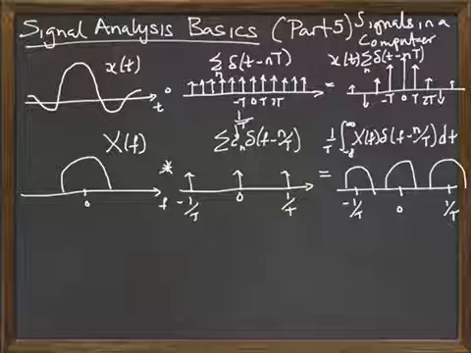Delta, an impulse train in time, would become an impulse train in frequency that has a frequency period of 1 over NT. There we go, 1 over NT, and that should be erased. I'm sorry about that. That should be 1 over NT.